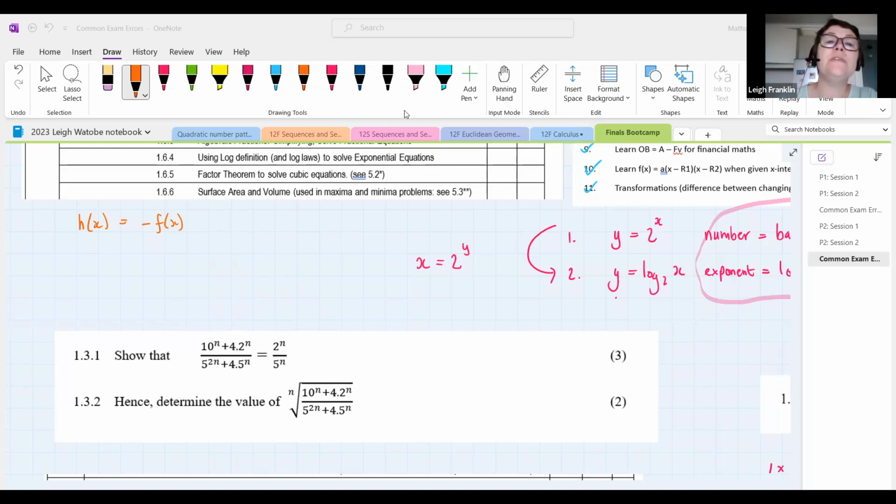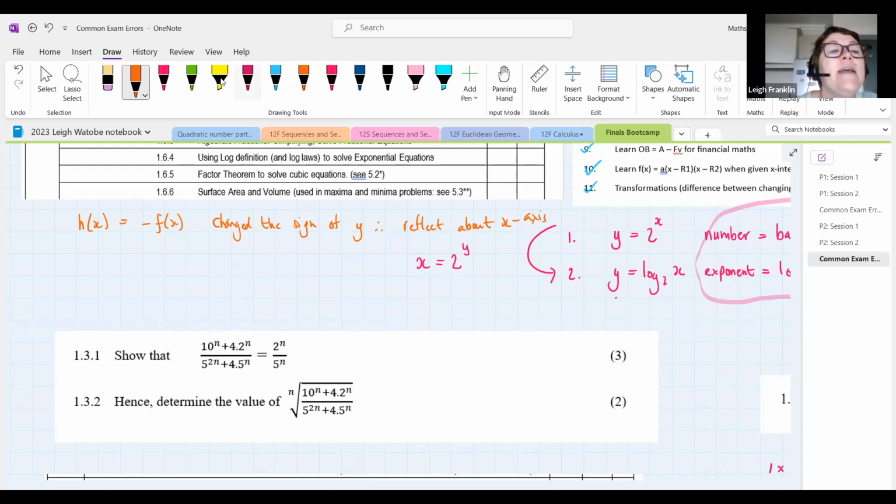So if we're changing the sign of y, I saw someone said it's been reflected in the x-axis. Absolutely. Okay. So you have changed the sign of y. Therefore, you have reflected it about the x-axis.